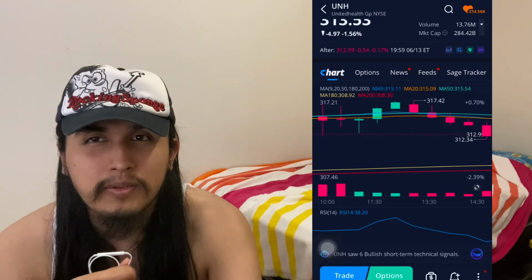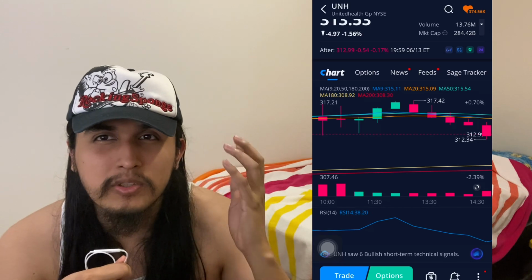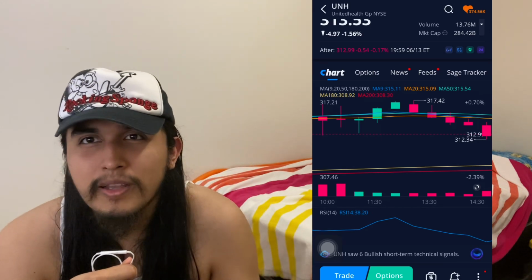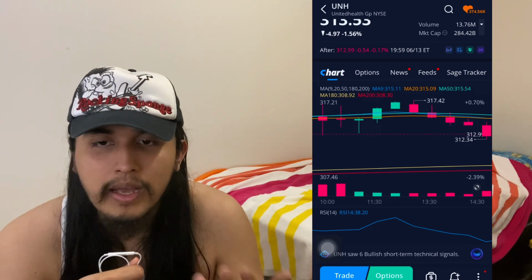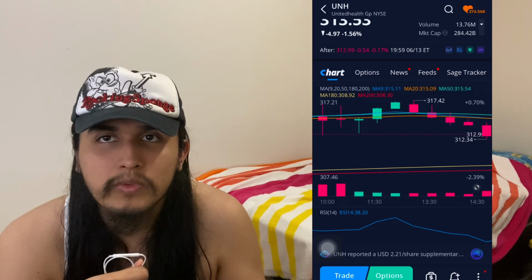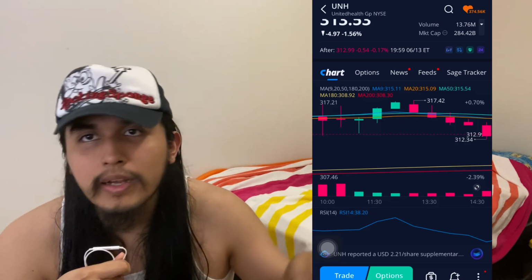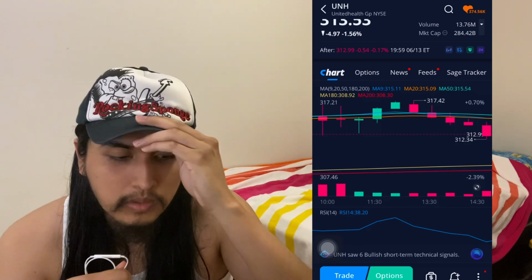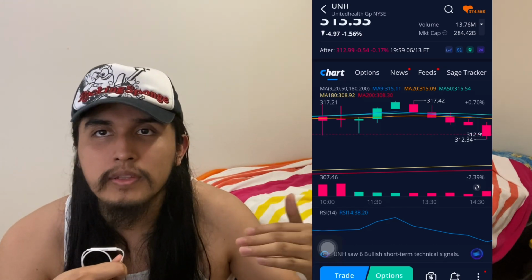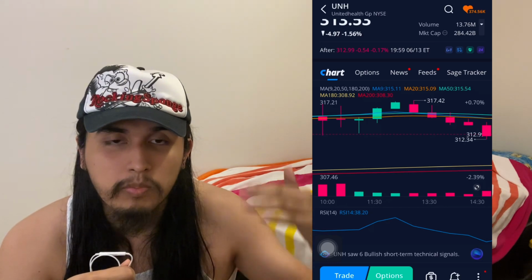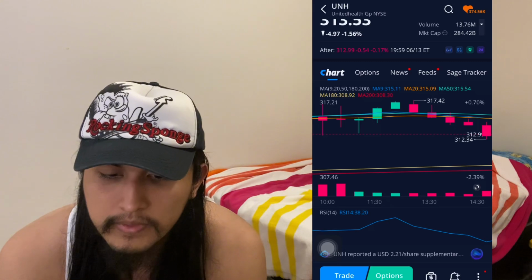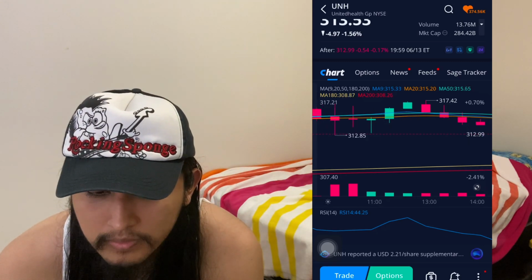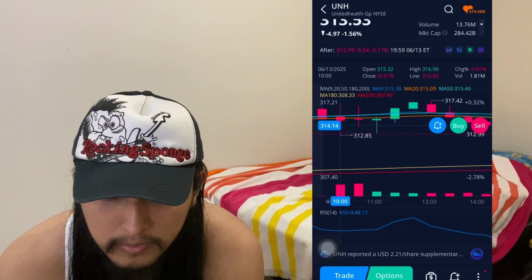So you're not stuck struggling to know, okay, now I'm in a position, my position is now up 5 or 8%, how do I know when to sell? Try to analyze the chart's previous support or resistance levels. In this case, you can see that the previous support level was anywhere in the 314 range.